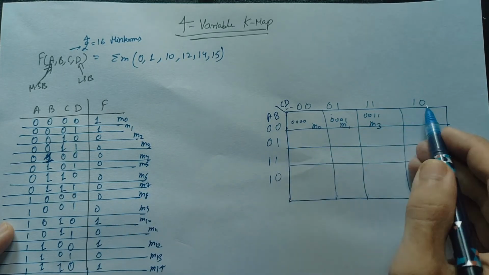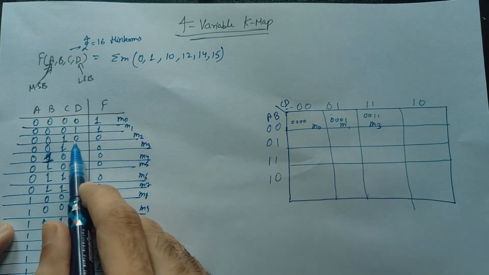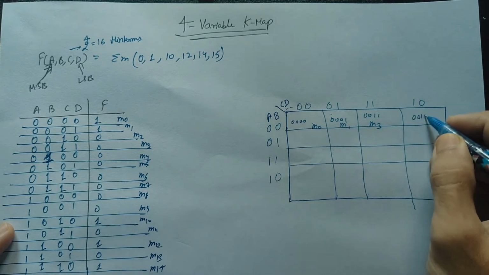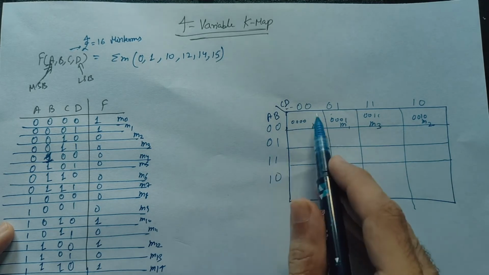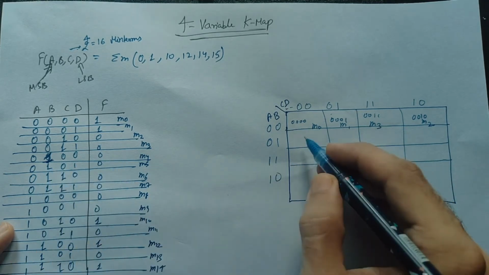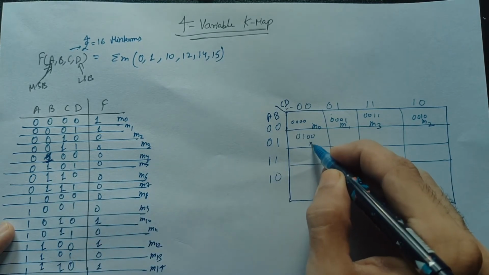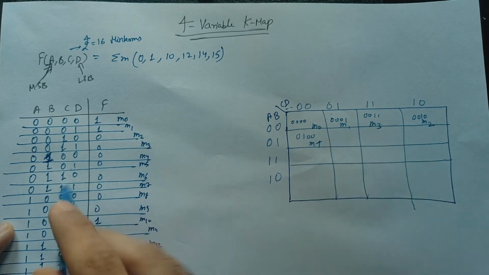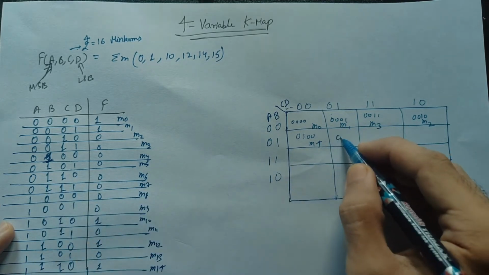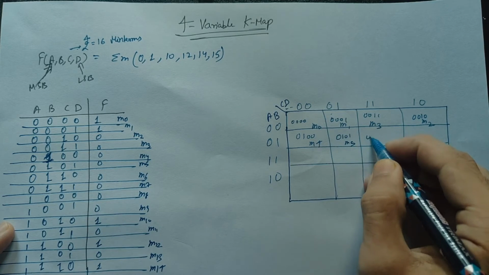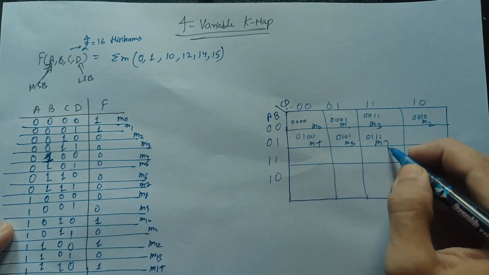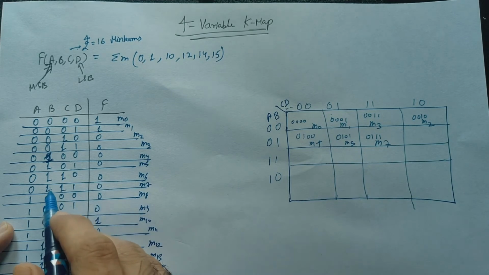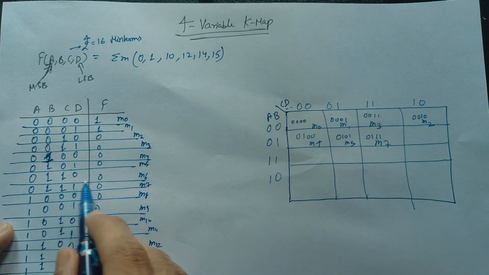And this is 0 0 1 0, which is M2. Similarly, this is 0 1 0 0, which is M4. 0 1 0 1 would be M5. 0 1 1 1 would be M7. And 0 1 1 0 would be M6.